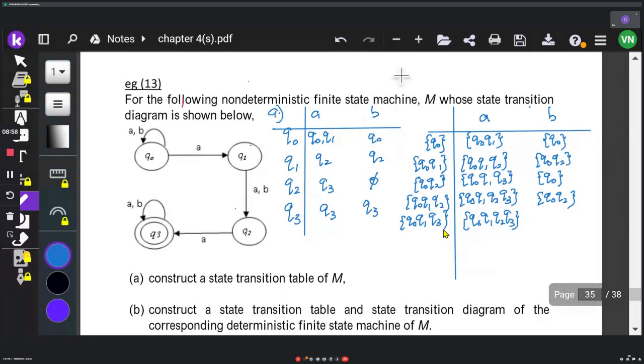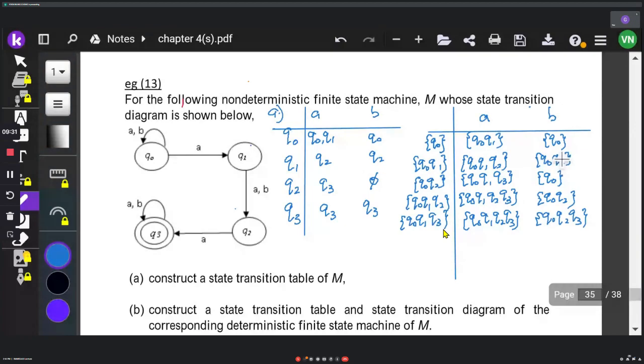And for input B, 0, 1, 3, so we have 0, 2, 3. Already got 0, 1, 2 and 0, 1, 3, right?